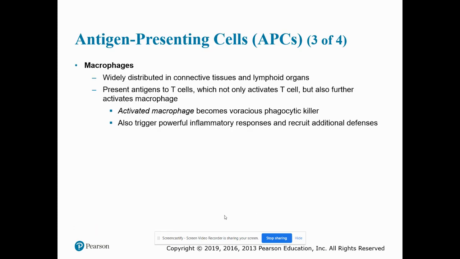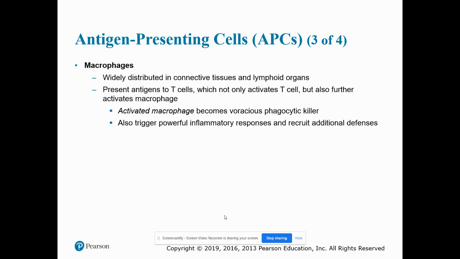The next type of antigen presenting cell, or APC, is a macrophage. And these are widely distributed in connective tissues and lymphoid organs. And they also present antigens to T cells. But the cool thing about macrophages is that whenever they present the antigen to T cells, not only does it activate the T cells, but it actually kind of supercharges the macrophage.